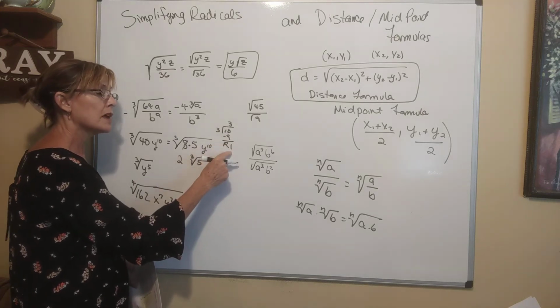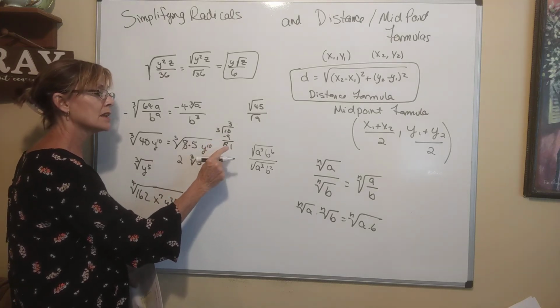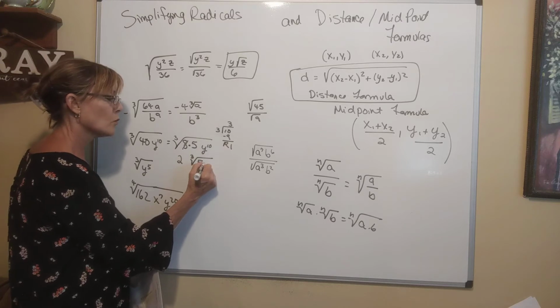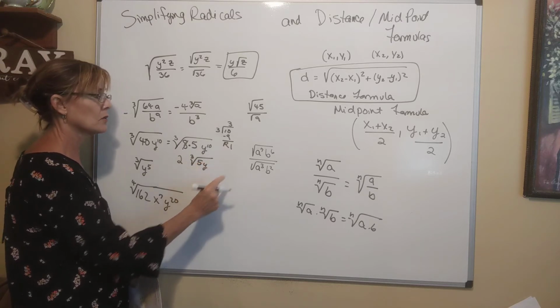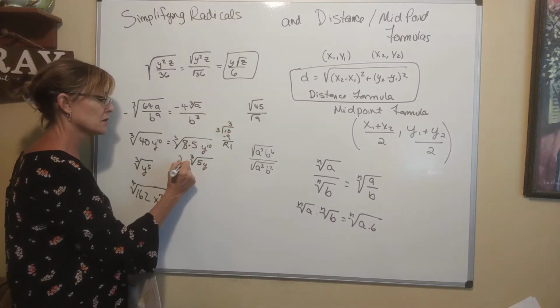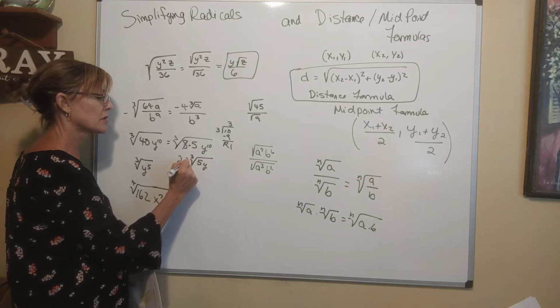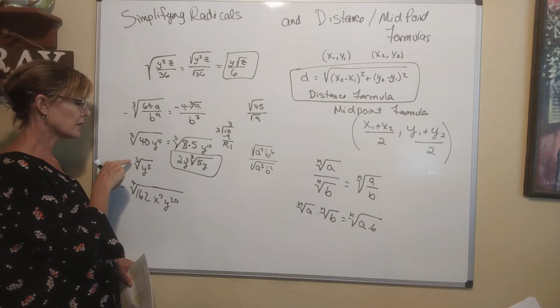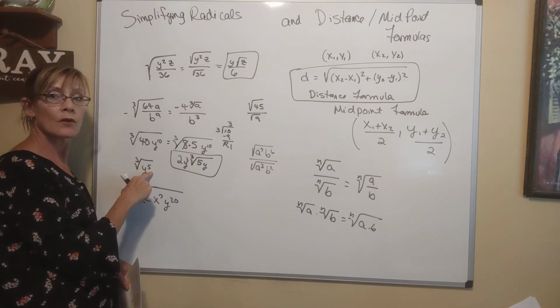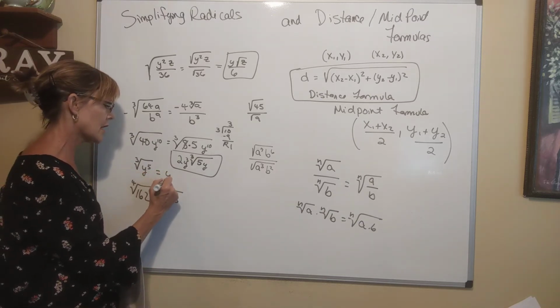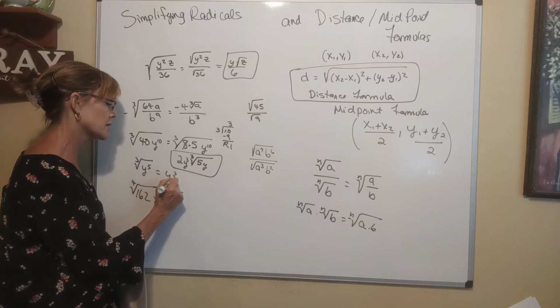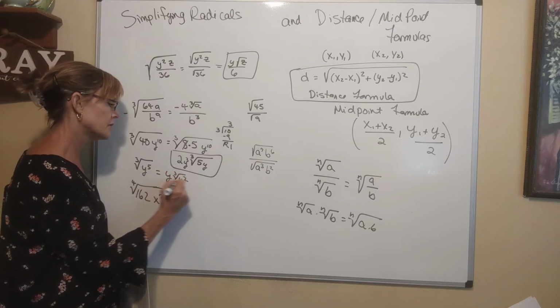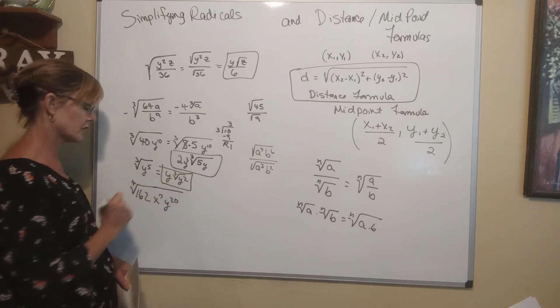The remainder is how many y's remain inside the radical. So 1 y remains inside the radical. 3 y's come out, so this is going to be y to the third. And so this is the simplified version of that one. Right here, 3 can go into 5 one time, so 1 y's coming out, but it had a remainder of 2. That is this simplified version.